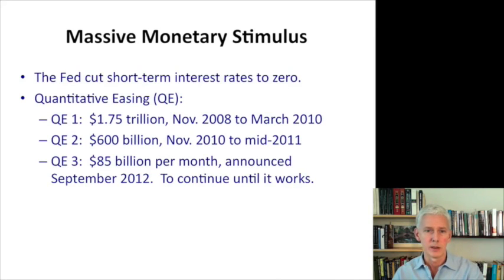In the second round, it created $600 billion. And in the third round, which was announced in September 2012 and is still ongoing, the Fed has been creating $85 billion a month. And it's told us that it's going to continue creating $85 billion a month until the unemployment rate comes down substantially. In other words, it's going to continue until it works.